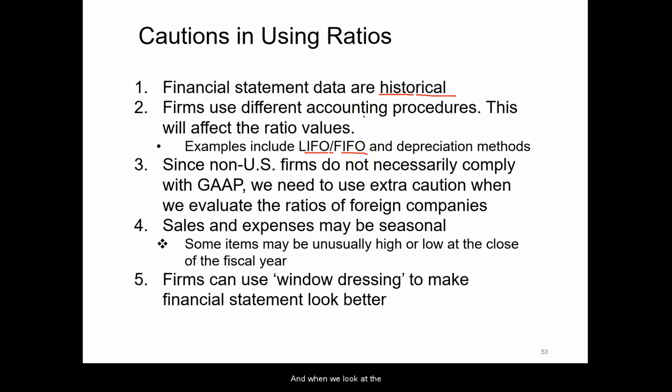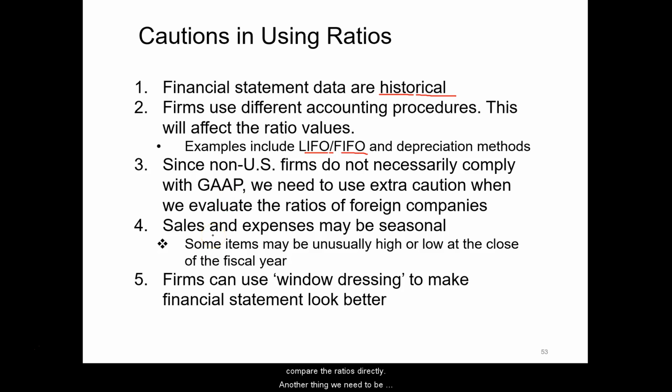And when we look at the financial ratios of companies in different countries, non-US companies, because they do not use the same accounting standard that we use here in the United States, sometimes we cannot compare the ratios directly.